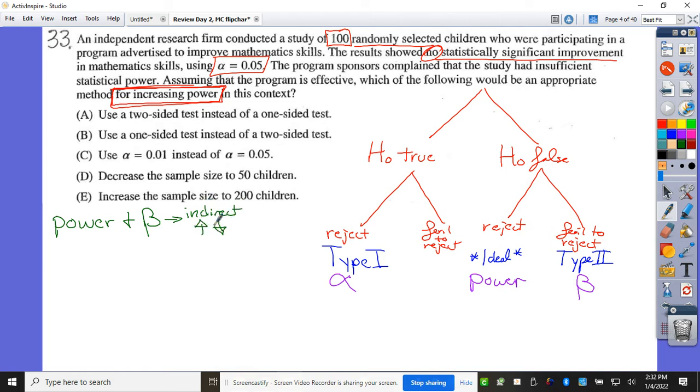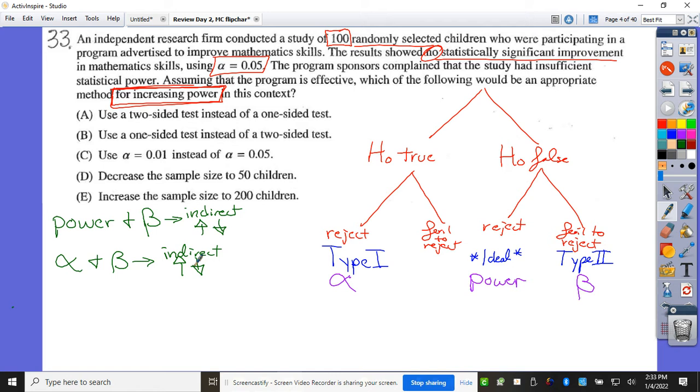As one goes up, the other one goes down. What about alpha and beta, because they're both different errors? Indirectly related, which again is negative correlation.